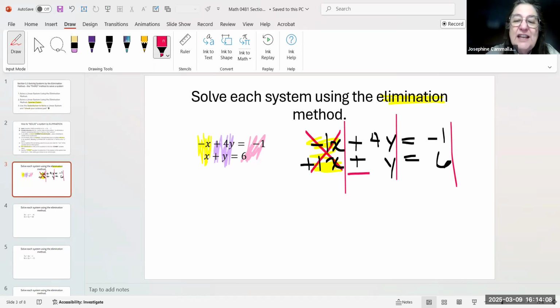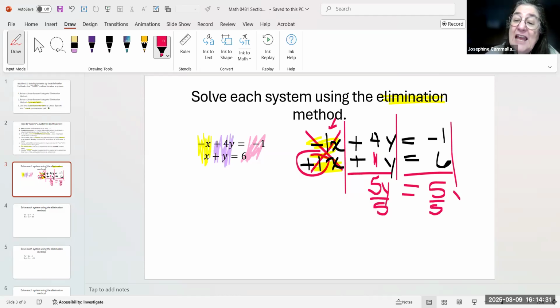Now, what's left is I add the other two columns. This will give me 5y, and the reason is I have a 1 here. And remember, I don't write ones, just like I didn't write that one or that one. And then on this side, I have a positive 5. I'm going to divide by 5, and I get y is equal to 1.